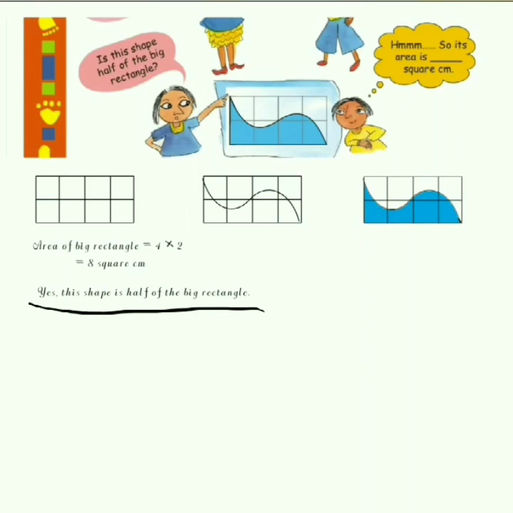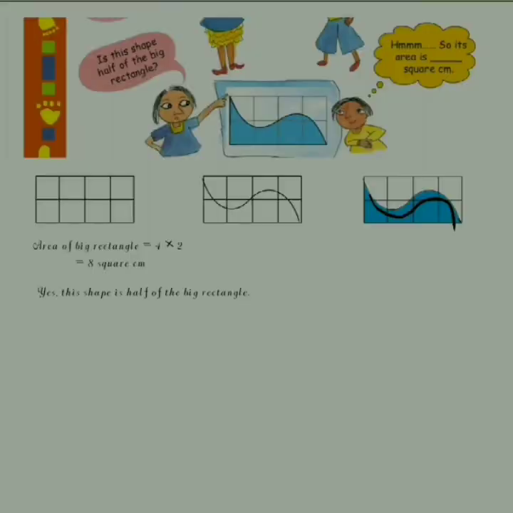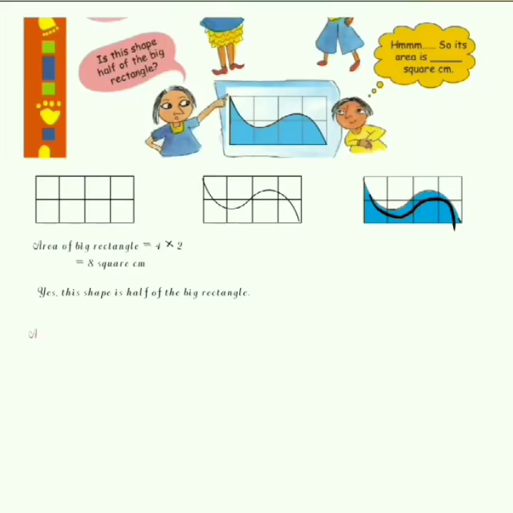Clear? Now we have to do it by method. We have to show it by method. We have to find out area of this shaded, colored shape. Okay, we will do it by method. It is very easy. Just pay attention here. Area of given shape is equal to area of big rectangle divided by 2.